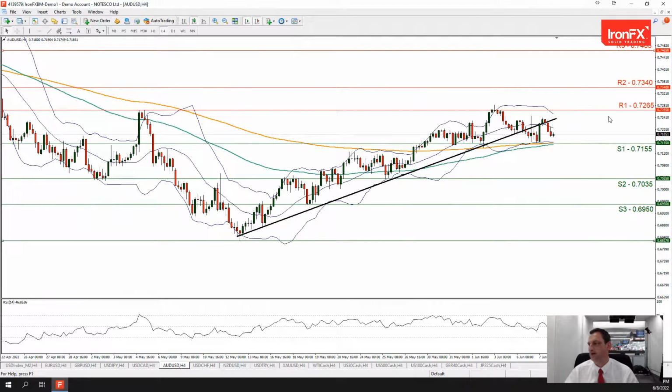Now, to the upside, and should the bulls take over, for us to switch our bias for a sideways motion in favor of a bullish outlook, we would require a clear breaking of the 0.7265 right here, and for the price action to start aiming for 0.7340.